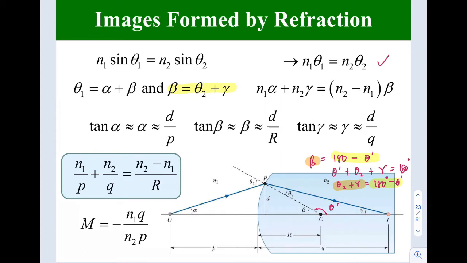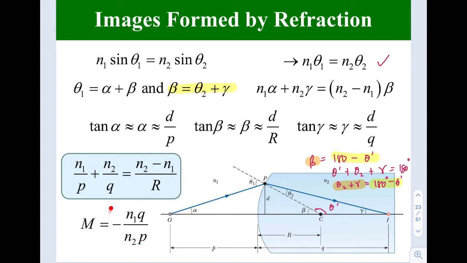Combining all this information, we will have N1 over P plus N2 over Q equal to N2 minus N1 over R. And lateral magnification is equal to negative N1 Q over N2 P.